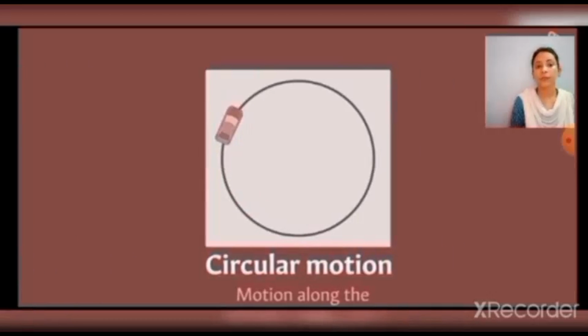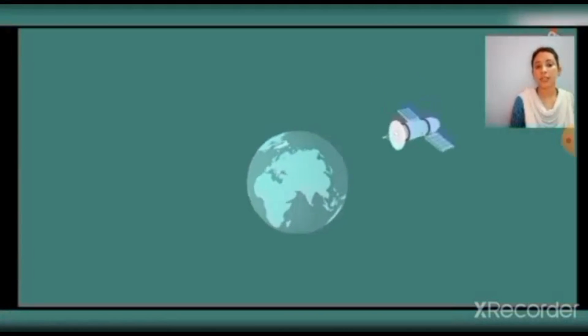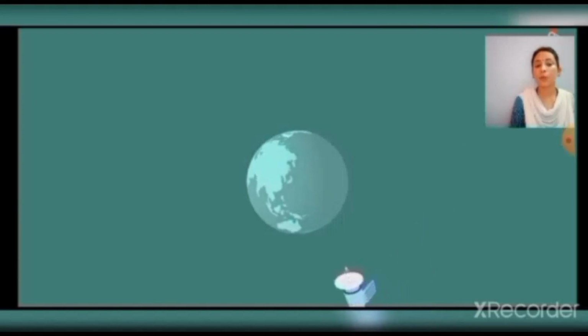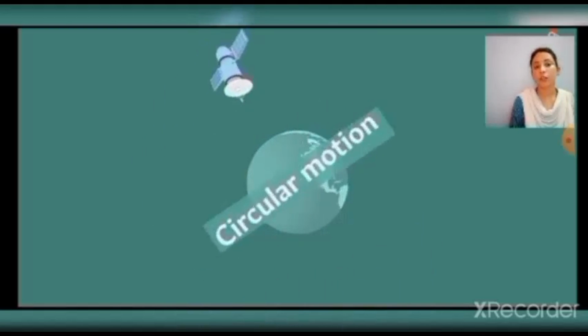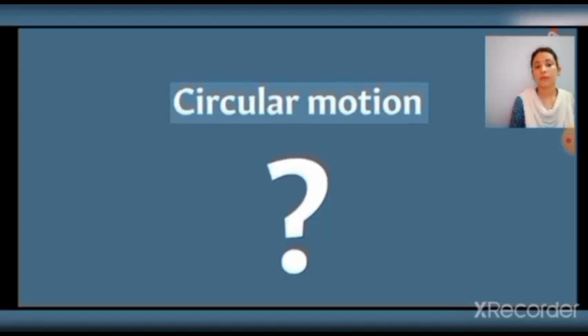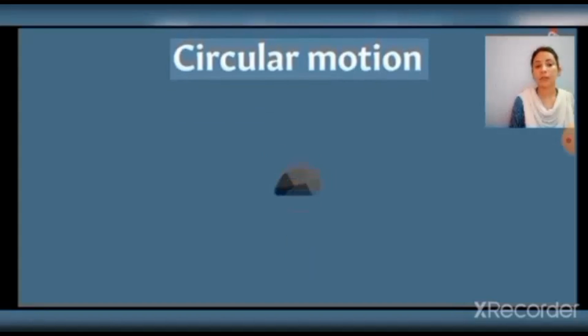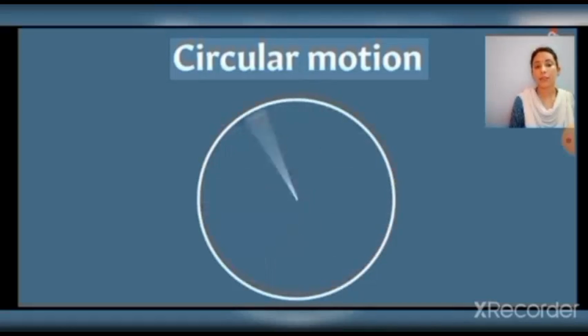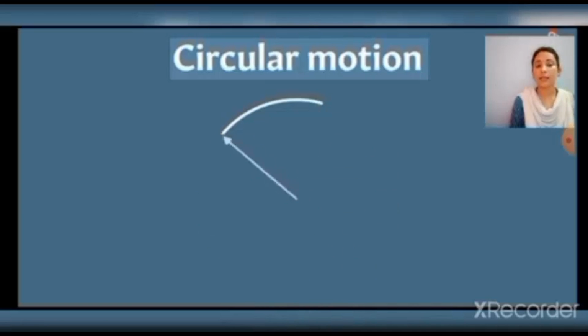Yes, there are many examples, such as a satellite moving around the earth. Is there any other example? Yes. If you tie a stone with a thread and hold its other end in your hand and rotate it in this way, as shown on the screen, you will see it's a circular motion.